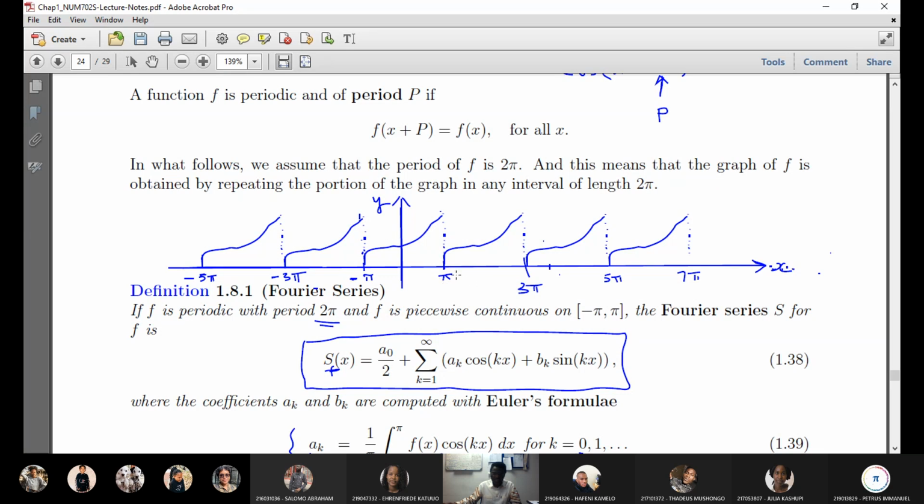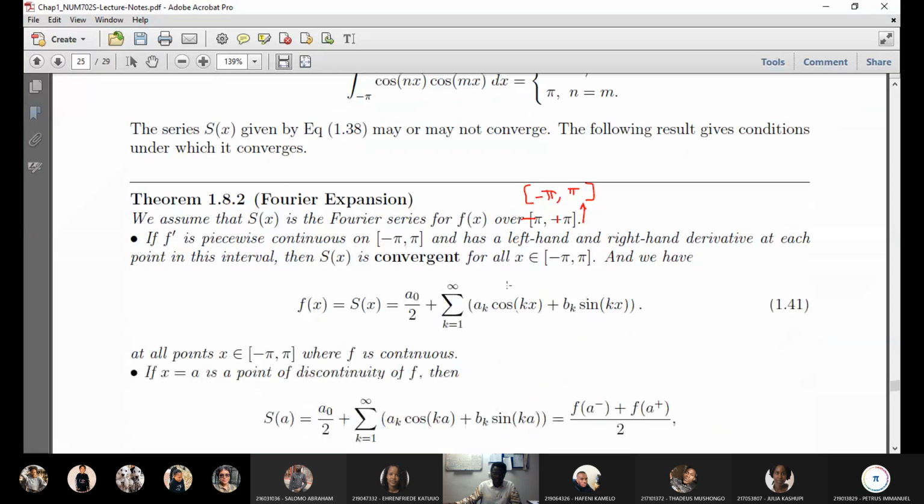But if I'm in between these two points, from pi to 3 pi, you can see that the function is continuous. So that's where the first condition has to be satisfied, on negative pi to pi. And of course, by extension of the periodicity, it will also be true in the other intervals when you extend. But remember that we fixed our interval negative pi to pi, and we work on that. By periodicity it will be true because we'll be extending by translation.